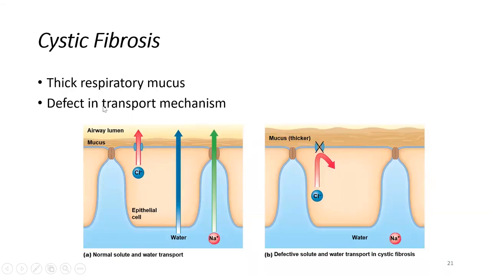So if we cannot create this gradient, if we cannot actively pump solutes into the lumen, which happens to be the underlying disorder of cystic fibrosis, then we cannot create the gradient that would facilitate the movement of water. And if we can't do that, then we end up with this really thick, cloggy, viscous mucus, which presents itself in a lot of other ways in our physiology.